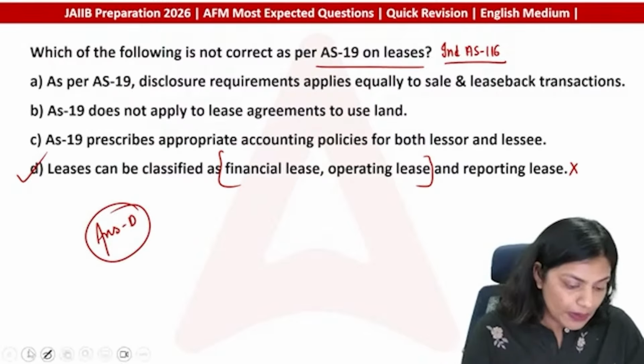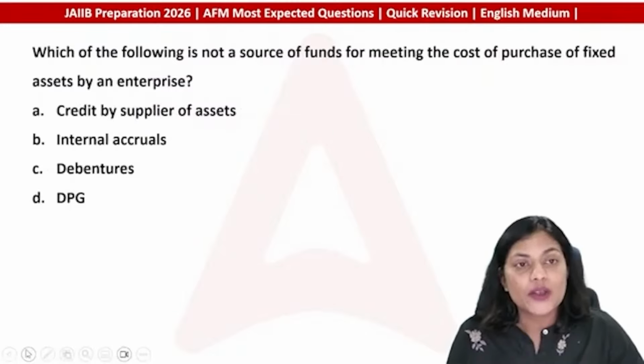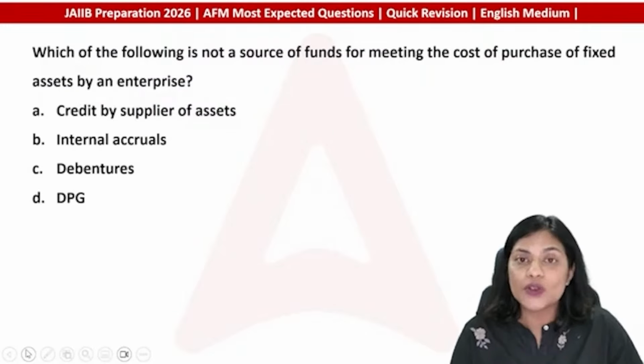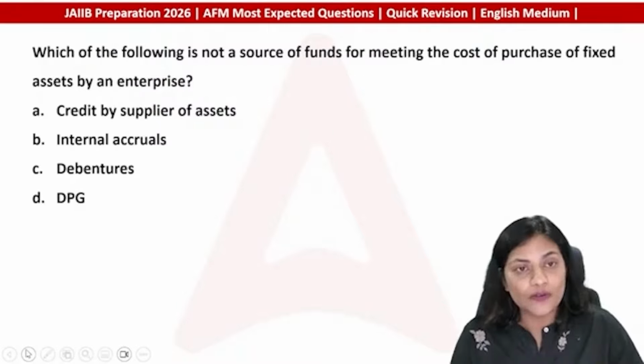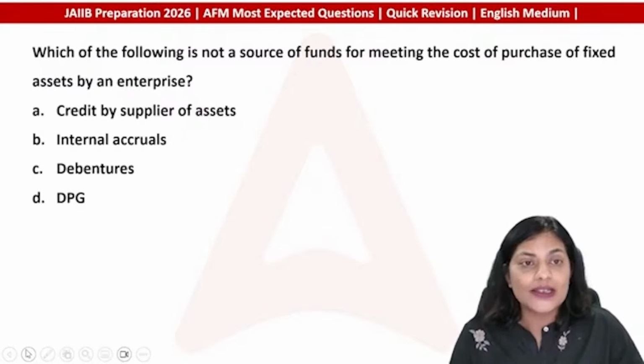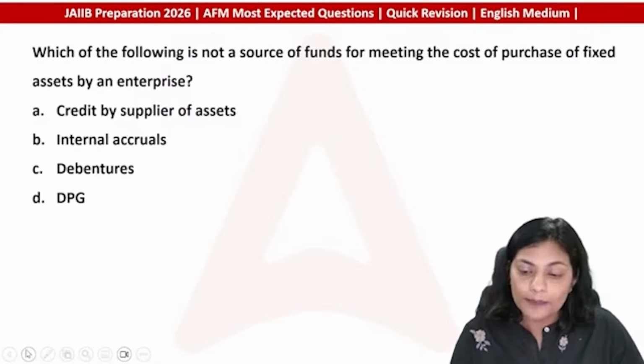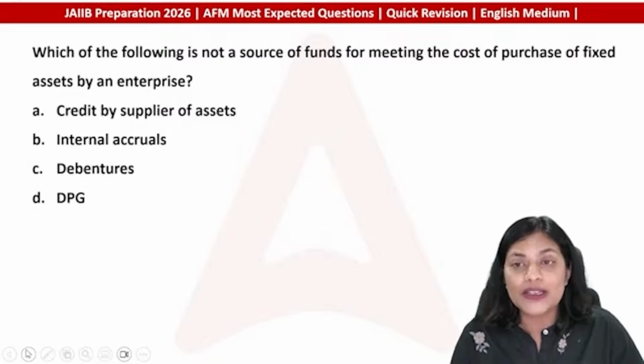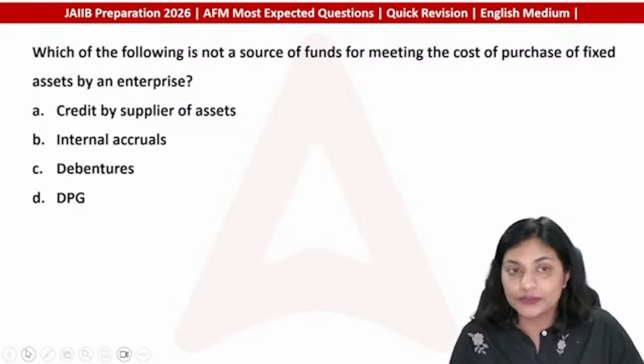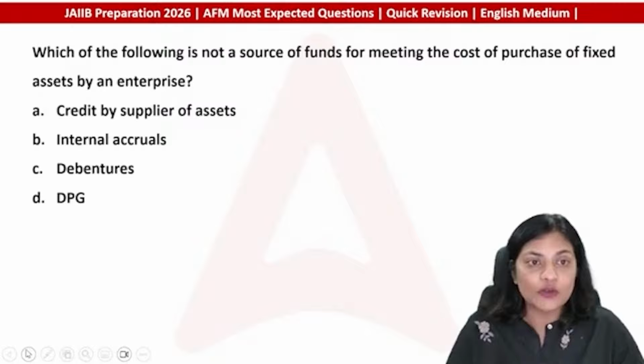Right? Then moving further to the next question, which of the following is not a source for meeting the cost of purchase of fixed asset by an enterprise? Credit by suppliers of asset, internal accruals, debentures, or DPG. What would be the right answer?